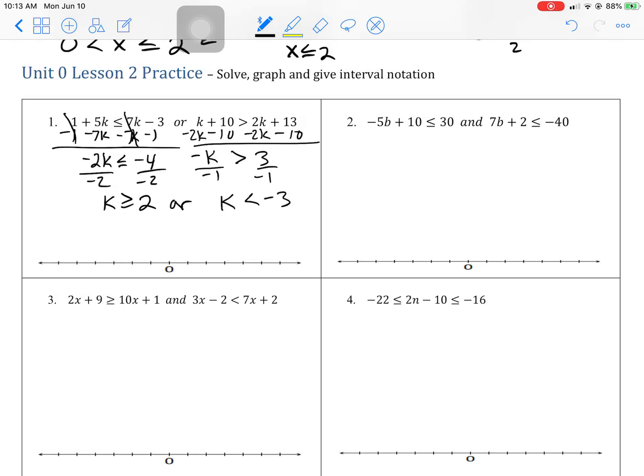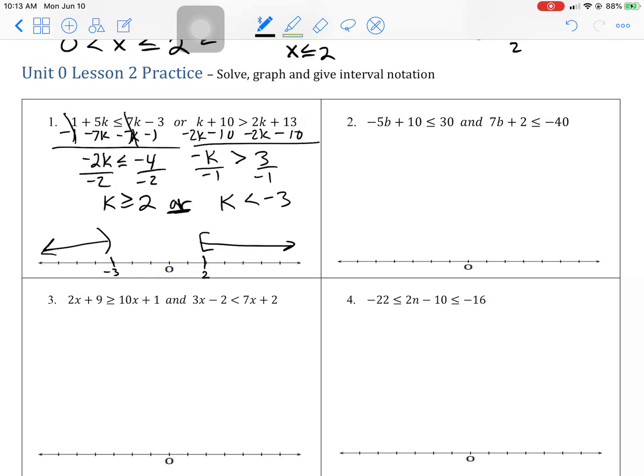All right, so find this stuff on the graph. That is a +2, which is there, and it says it's going to be greater than or equal to 2. This one says it's a -3, 1, 2, 3 down here, and it's less than -3, but it's an or, right? If it's an or, we need both of these areas.